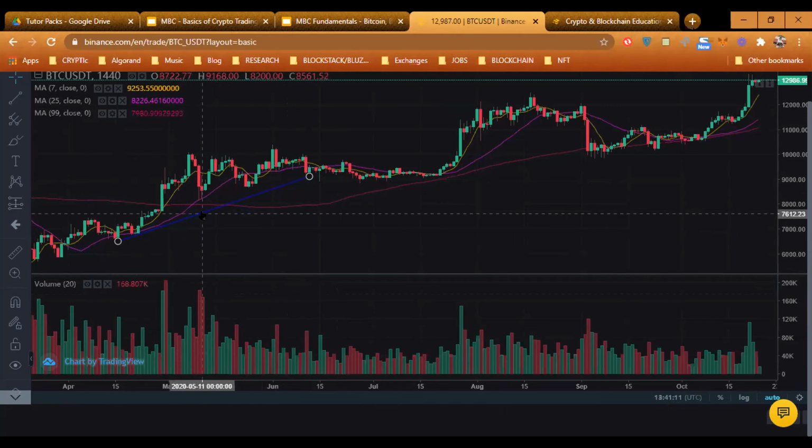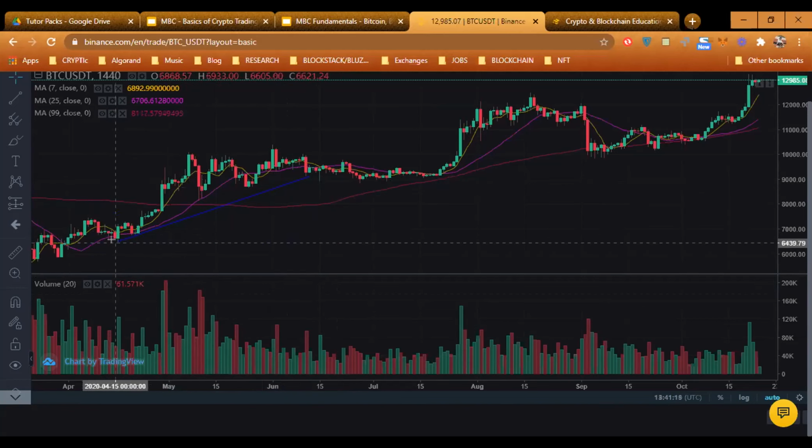If I used a weekly candle, probably my trend line will be from here to here. So it just shows that in the last couple of weeks, Bitcoin did not go below 6,000 at all.